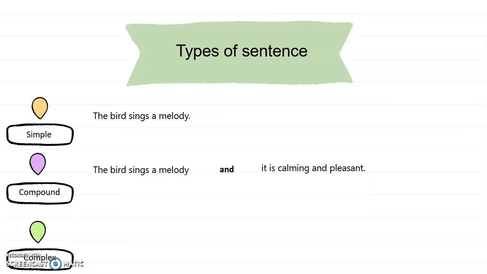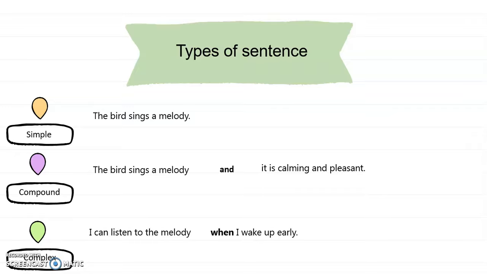Finally, a complex sentence. I can listen to the melody, you have one sentence, when I wake up early, and you have another sentence. But in this case, when I wake up early is a sentence that cannot go alone. This is called a dependent clause. You need the other sentence to make the complete meaning.